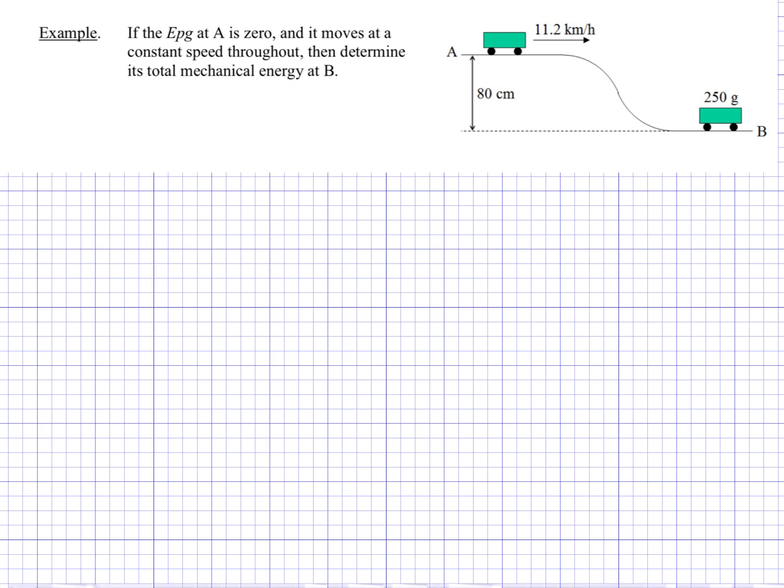Okay, so example number 2, we have a classic little cart on a track scenario. We have position A and position B, and we're going to look at the total mechanical energy at those two positions.